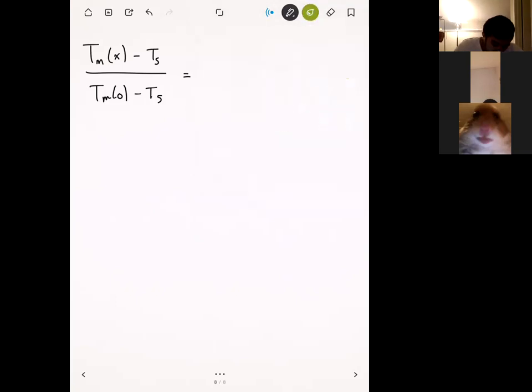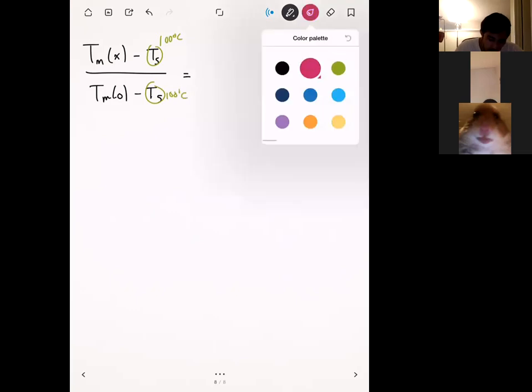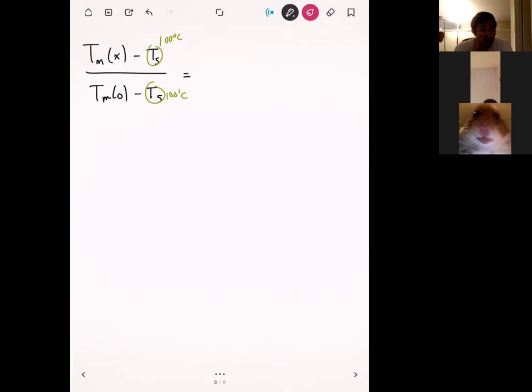Ts is 100 degrees C. Tm of x is the mean temperature at the end of the tube, which is Tmo, the mean temperature at the outlet, which we know is 57 degrees C. And Tm at 0 is Tmi, the mean temperature at the inlet, which is 15 degrees C.